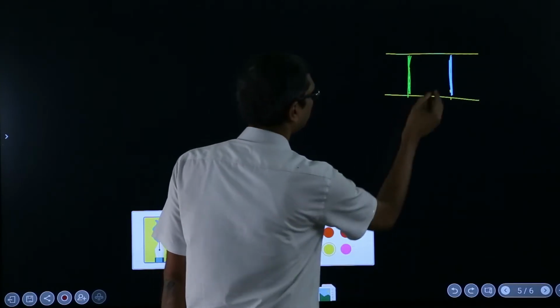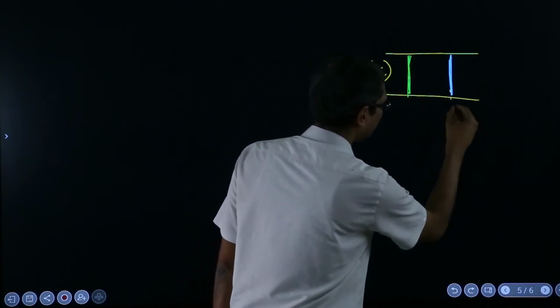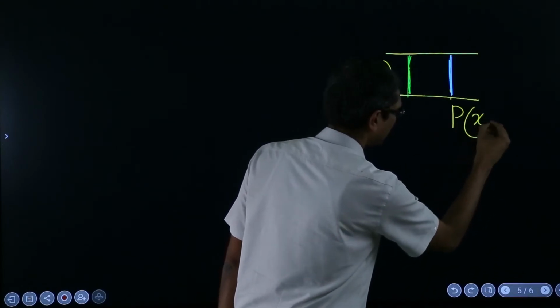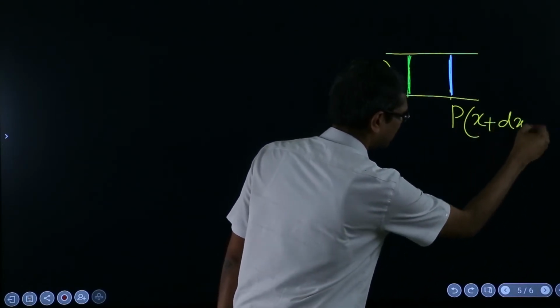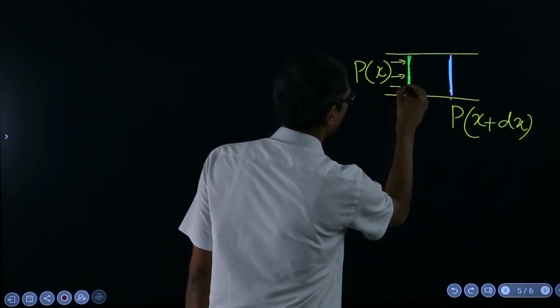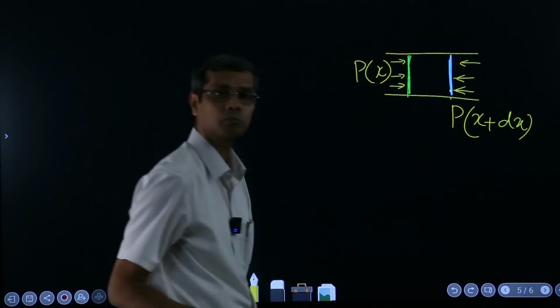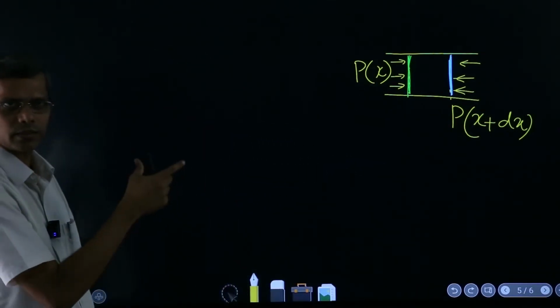Suppose the pressure was P at x, and here the pressure was P at x plus dx. And the pressures were acting like this on that zone.